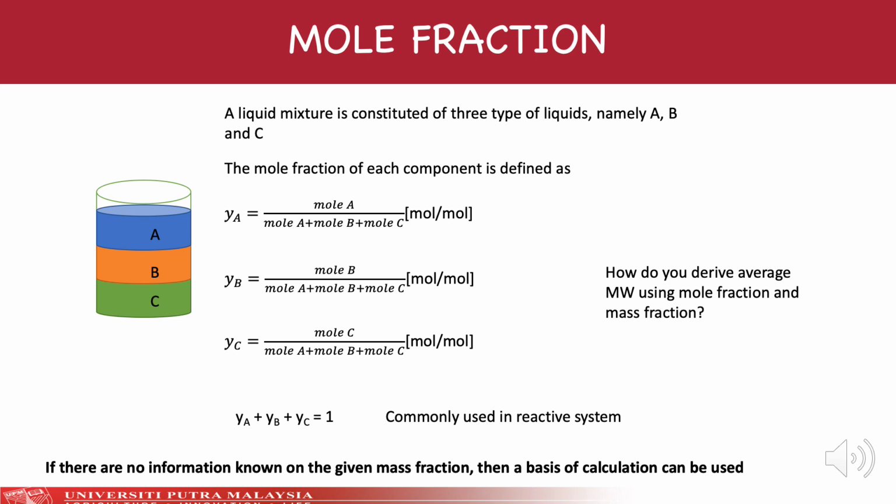We denote it with the term Y, and YA plus YB plus YC should be equal to 1. And at all times, YA, YB, and YC should be equal to or less than 1. So for both types of calculation, if there is no information known on the given mass fraction or mole fraction, then we should use a basis of calculation to initiate the calculation.